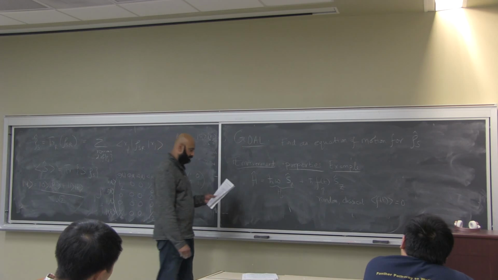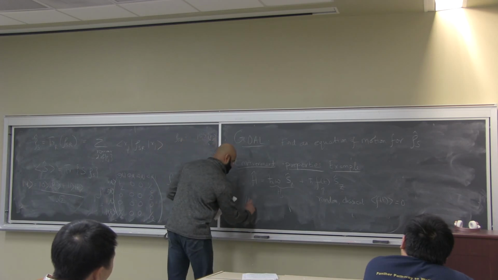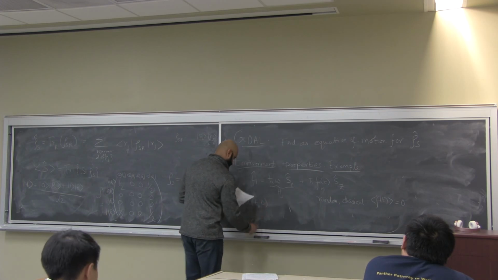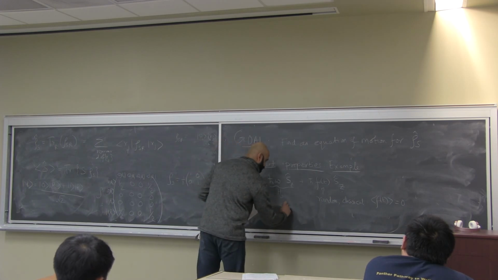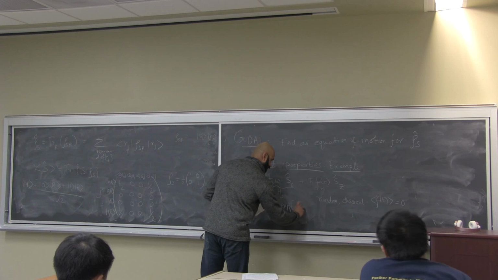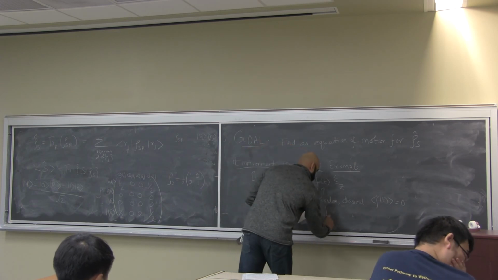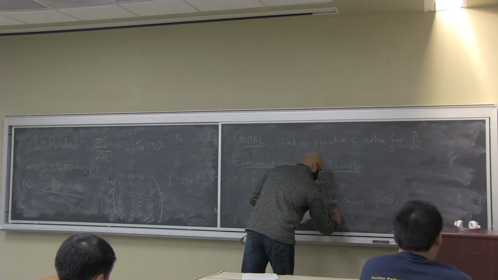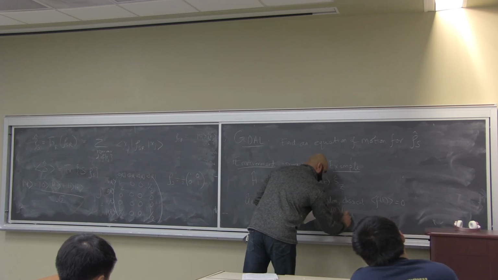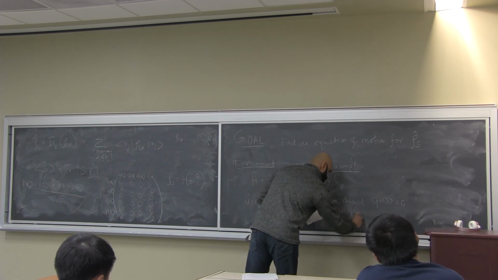Okay? So the evolution of the system from time 0 up to time t is just the exponential of minus i omega t plus the integral from 0 to t of f of t prime dt prime times SZ.